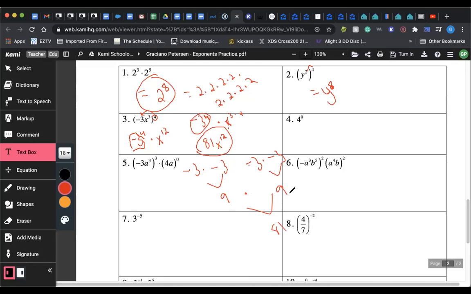Mr. G, I have a question. When we've got to write our answers in, how will we write the small number 12? Just write it small.